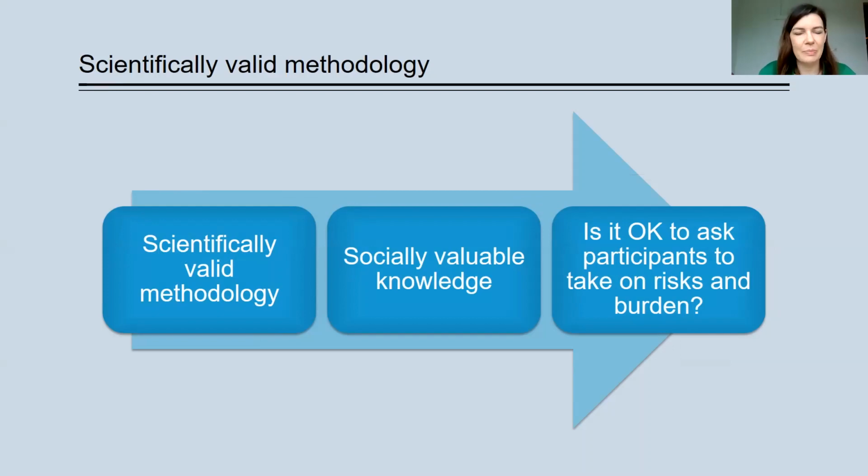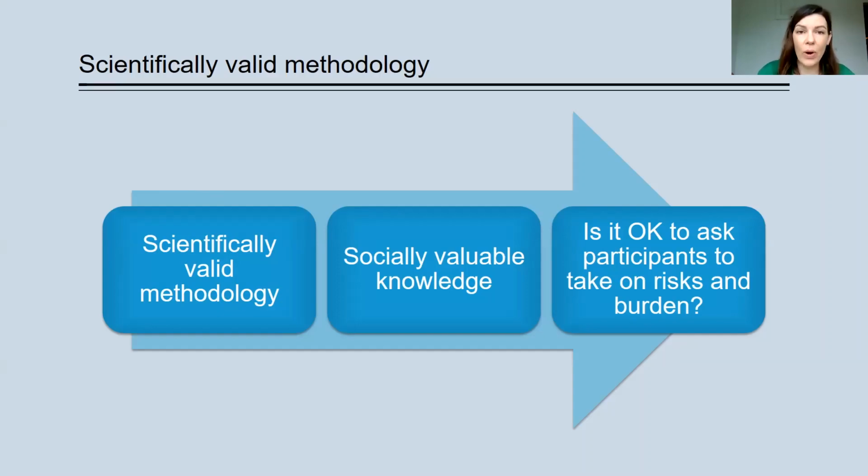And part of that assessment is whether the risks and benefits are proportional and appropriately weighted. The answer to this question depends on whether the study is going to generate socially valuable knowledge. It's not just dependent on that, but in part dependent on this question, because if the study is not going to produce knowledge that will inform the clinical care of future patients, then it's never okay to ask people to take on the risks and benefits associated with the research.